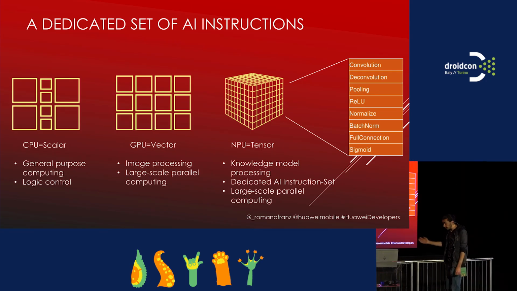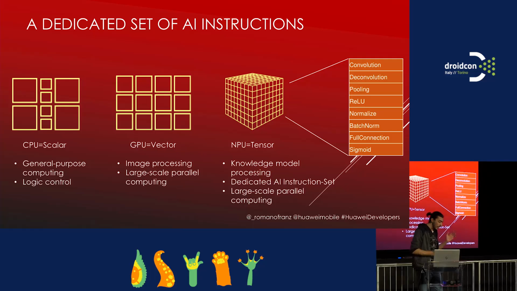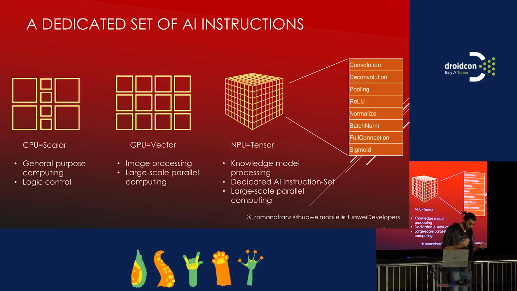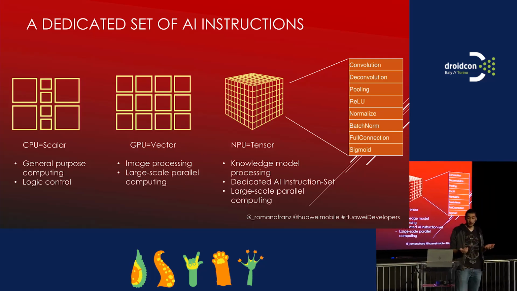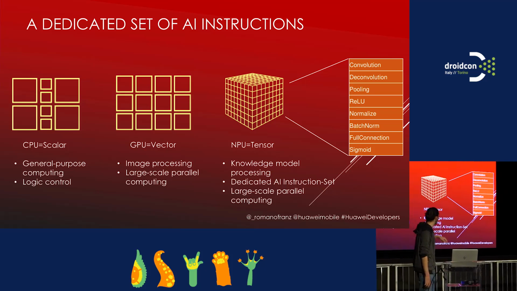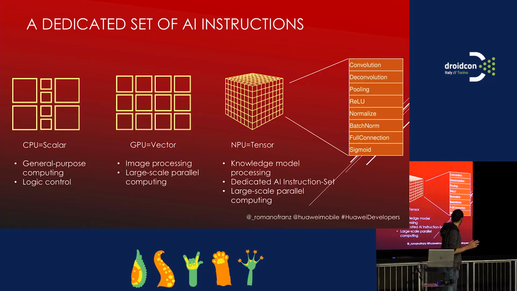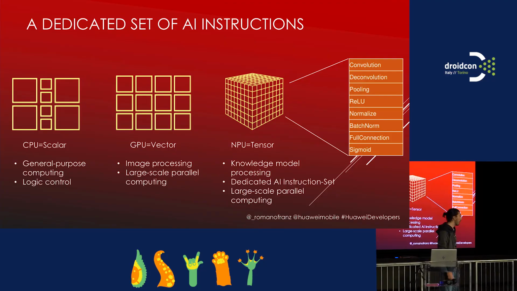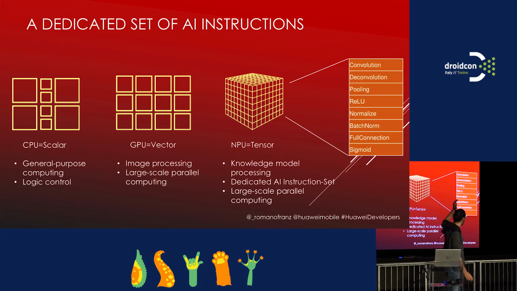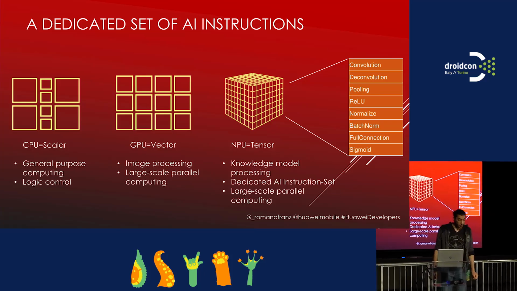Then we have the GPU that is meant for image processing and rendering, so it's very fast when it has to compute vectors. And we built this neural processing unit that has an instruction set for deep learning operators, like convolution, linear regression, sigmoid, and whatever.